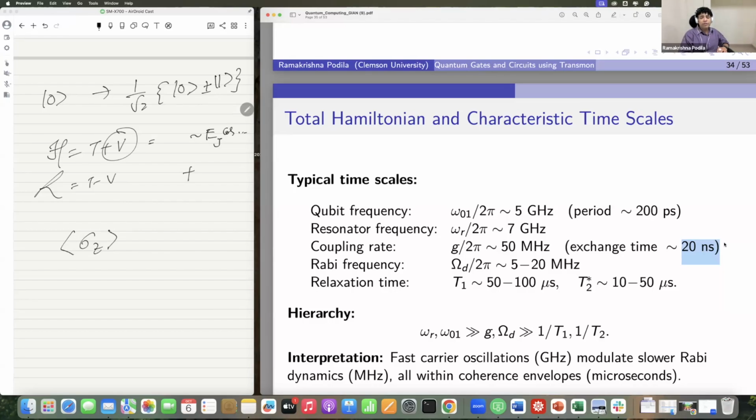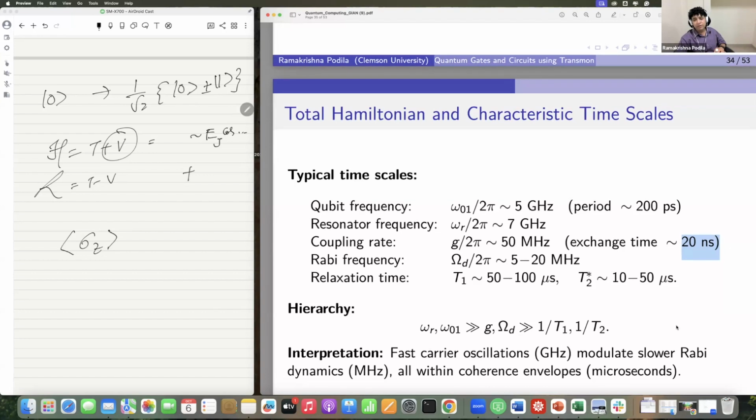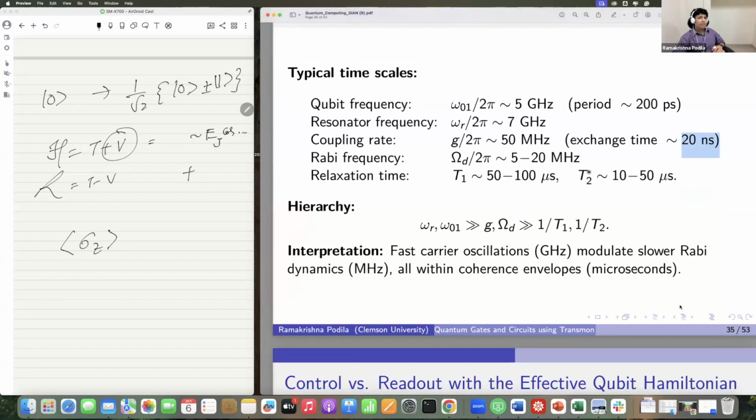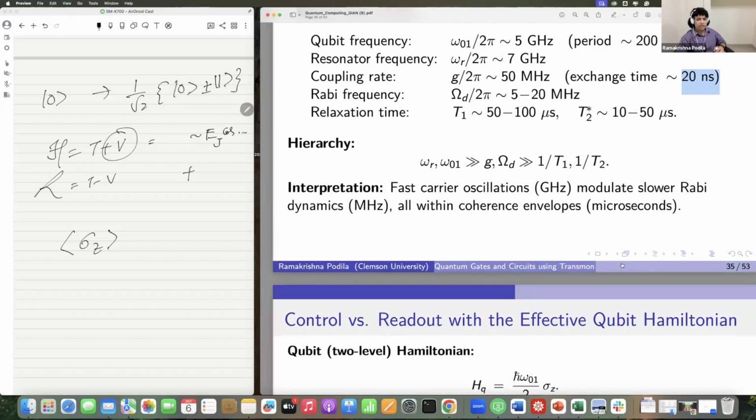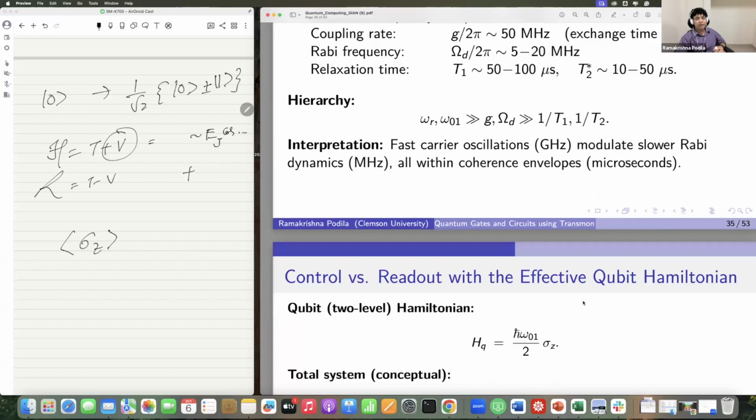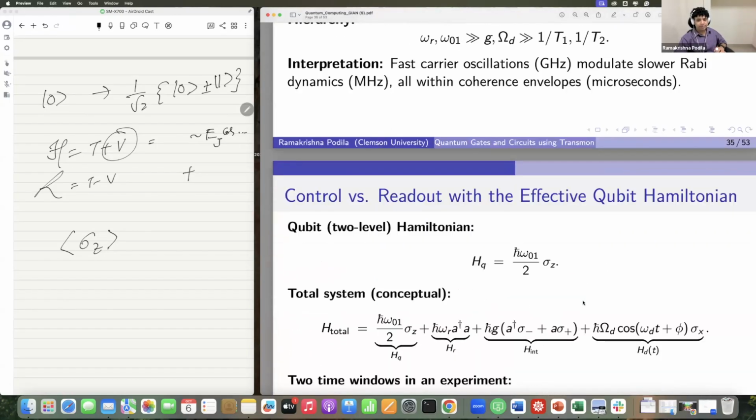So you want this readout to be very fast, and you want the coupling rate to be very fast to allow for fast readouts. Currently, what we are able to achieve experimentally in terms of relaxation time is on the order of a few microseconds, which is much, much greater than the values required for reading this qubit, right?